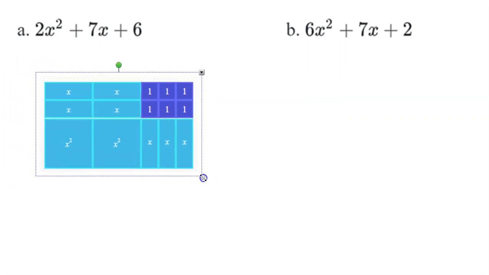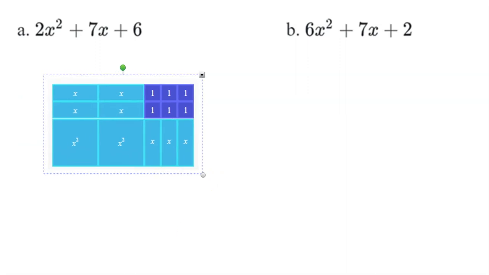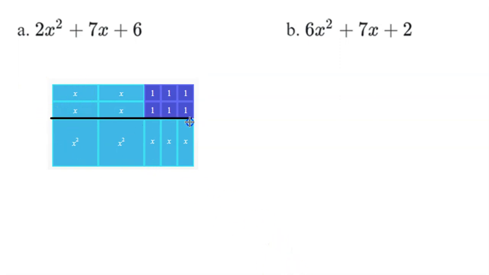Okay, and now let's put some lines in it to make an actual area model out of it. As we can see, we do have definite sections, like terms. And so we now have to figure out what is going around the outside of this.